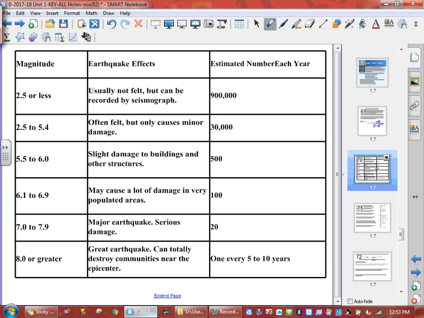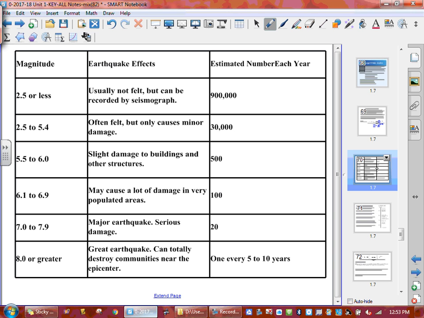That's where you get tons and tons of volcanoes and islands built and formed from volcanoes, like the Hawaiian Islands or the Fijian Islands. So 8 or greater, there are only about 5 every year, between 5 and 10.